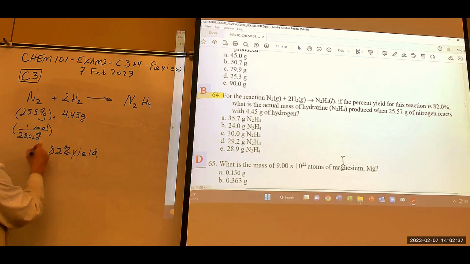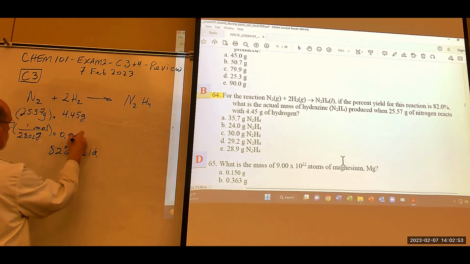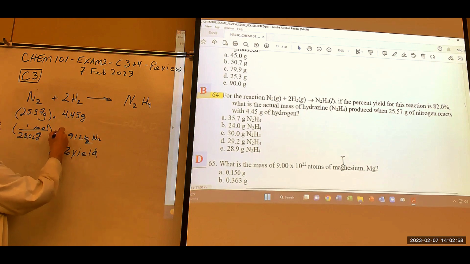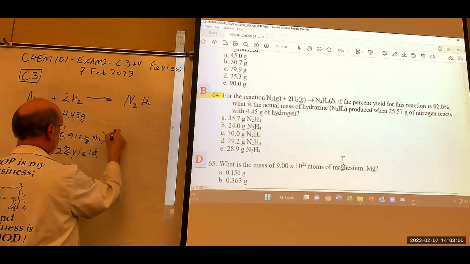So this one equals 25.57 divided by 28.02, which is 0.9126 moles of nitrogen. Let's go ahead and convert that to hydrazine.